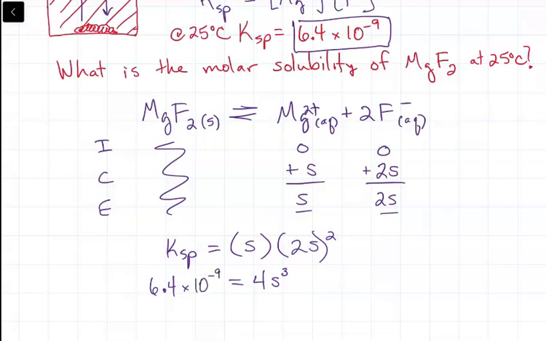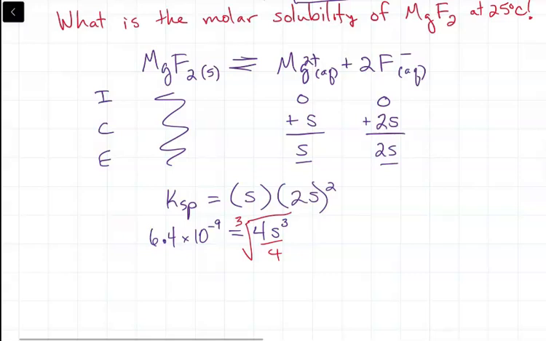And now we just solve for S. So we're going to go ahead and take the cube root and divide by 4 on both sides. Cube root, divide by 4, that takes care of our exponent and also takes care of the 4.